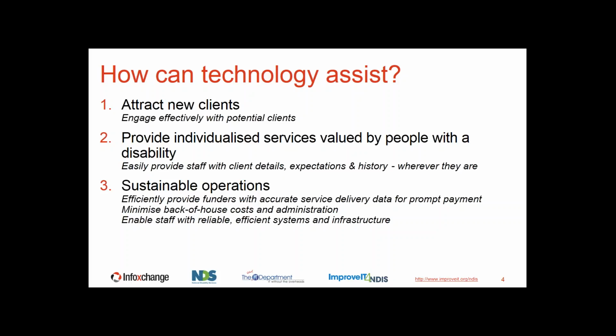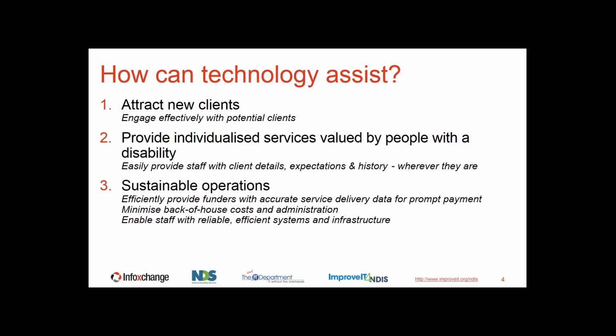The second significant area that technology is able to assist with is providing individualised services that are valued by people with a disability. And this is where many organisations really look to find client or case management systems so that staff have easy access to client details, care plans, history of services, notes of what's important wherever they are, whether it be in the office, out on the road, at a client site, or providing them services out and about.